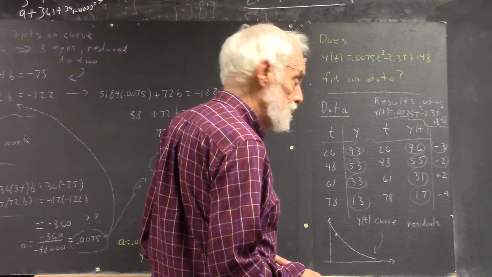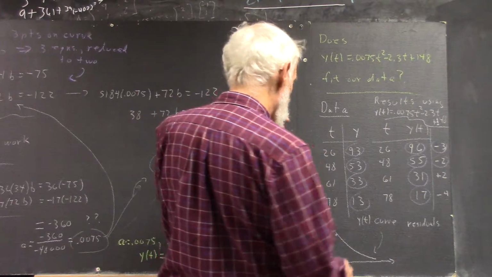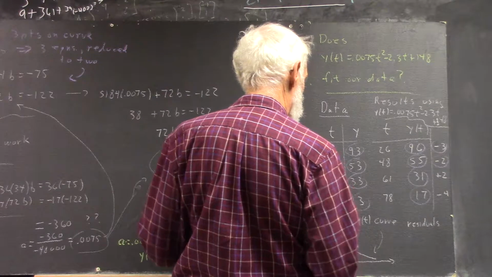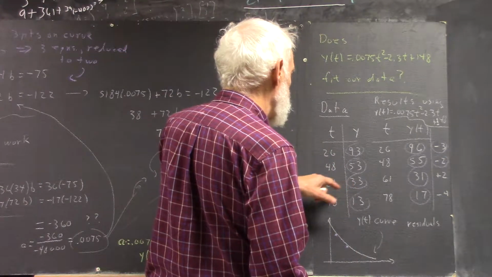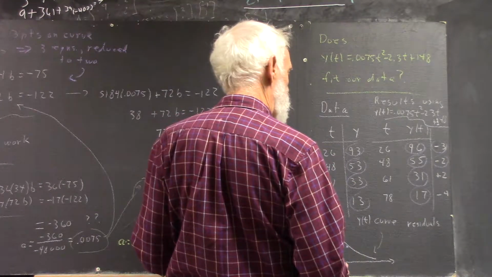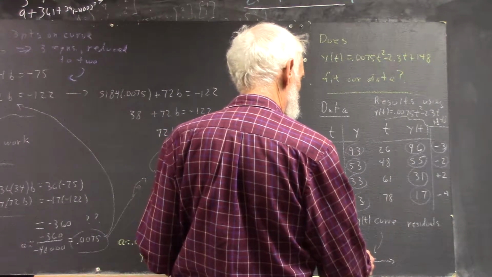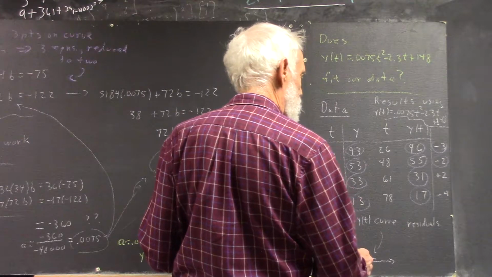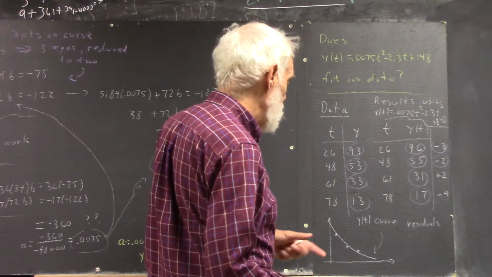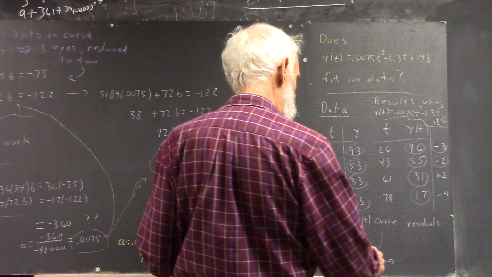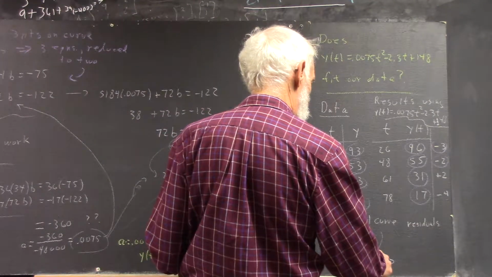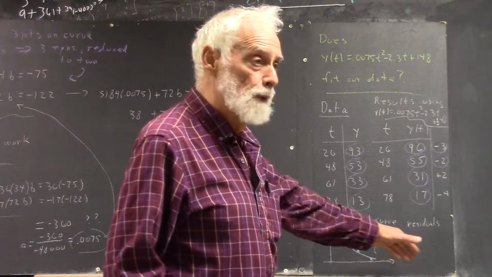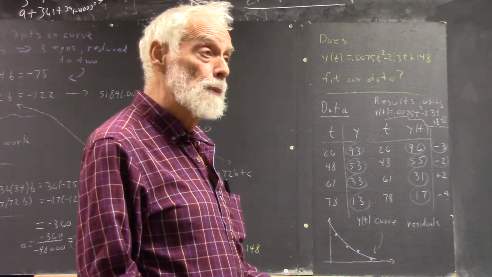Okay. 48 and 53 would be over here a little more, and that's a little low. 61 and 33, well, that's a little higher than our curve. We come out to 61, we got 33, and it's a little higher. Okay? Then we come out to 78 and 13, and again, it's a little lower. Data point's a little lower. But they're all pretty close, and the curve makes sense in terms of the data points.